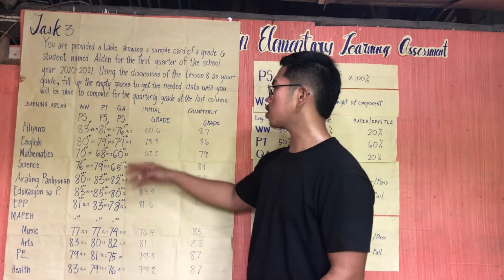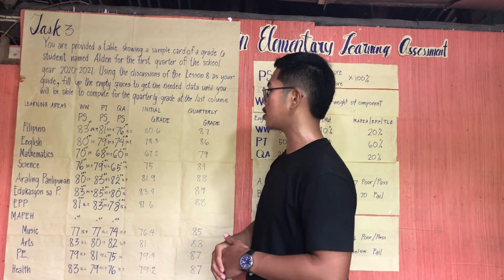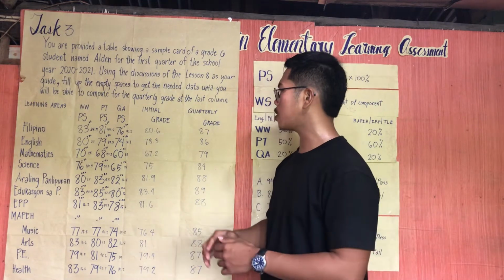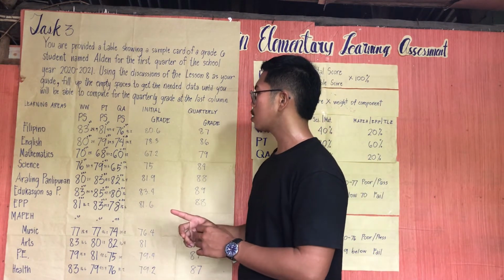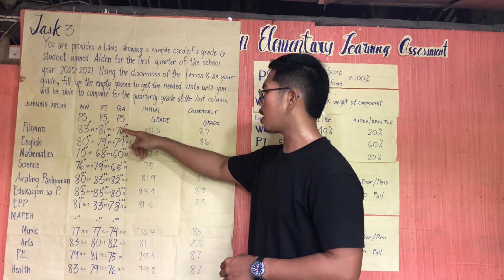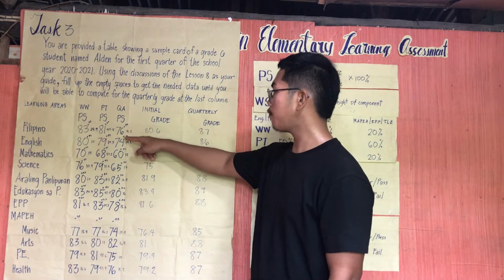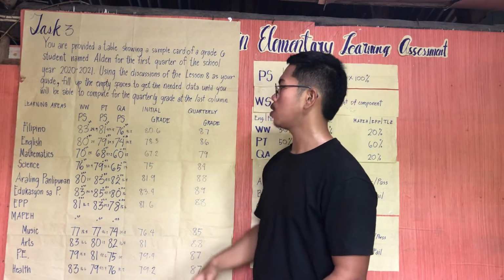Okay, so we will now also proceed with the quarterly assessment. The given percentage score is 76, and now we will multiply it with the weight of component, 20%. 76 multiplied by 20% equals 15.2. Okay?